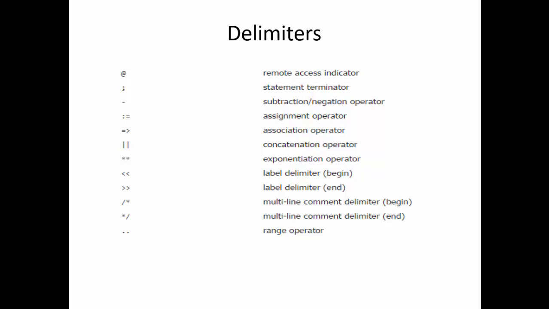For example, a to the power of b, I can represent as a double star b. Similarly, we have label delimiters and comments. Slash star is the beginning of the comment, and star slash is the end of the comment. It is a multi-line comment delimiter, and this is the range operator.